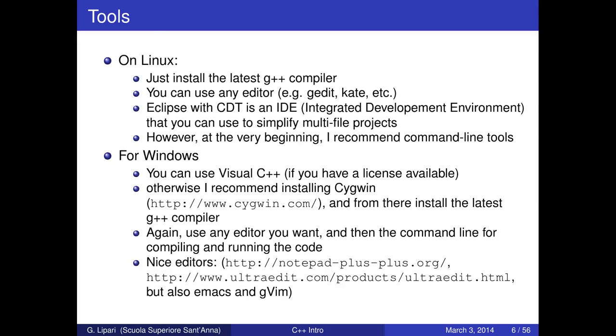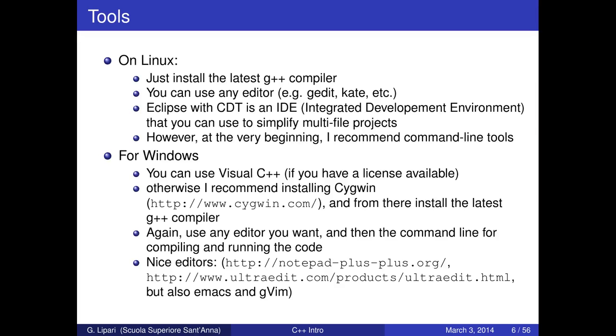So we are also, of course, going to do some programming in this course, and so these are a few hints on how you can program in C++ on Linux and on Windows. I usually program in Linux, and I'm doing everything in Linux. So if you want to do like me, you just install Linux on your desktop or in a virtual machine on your computer. That's quite easy.